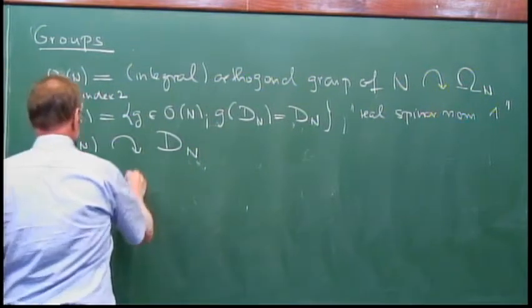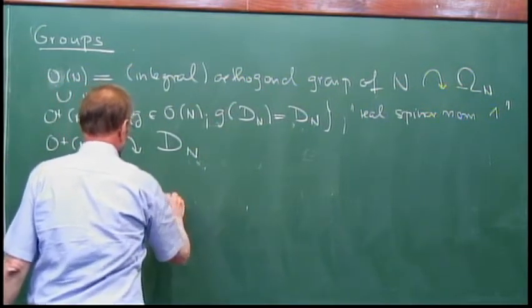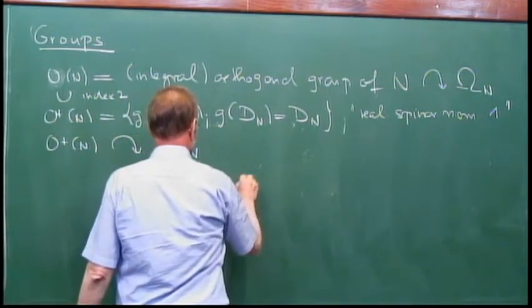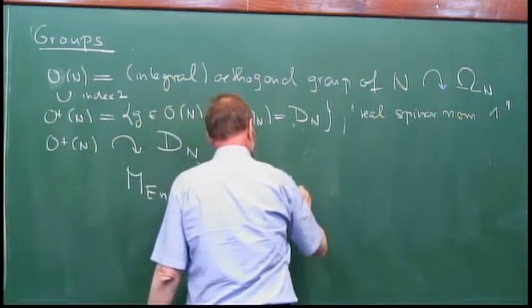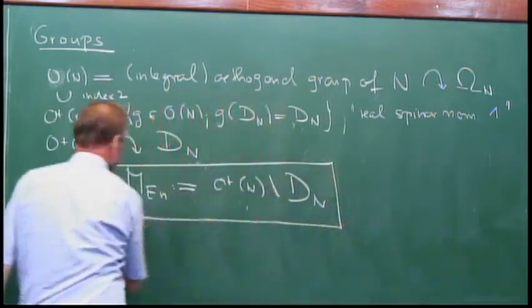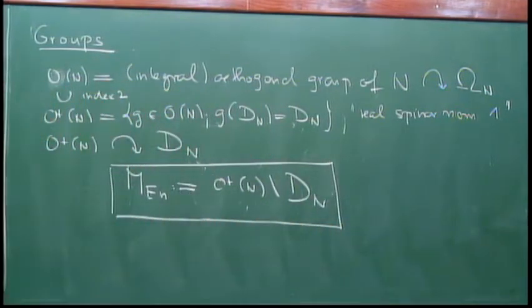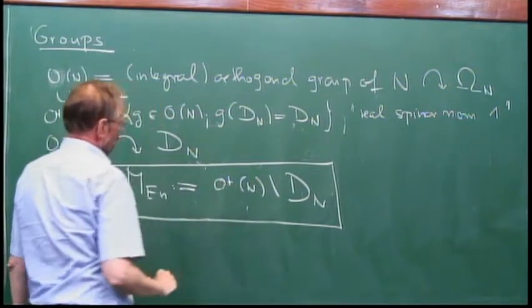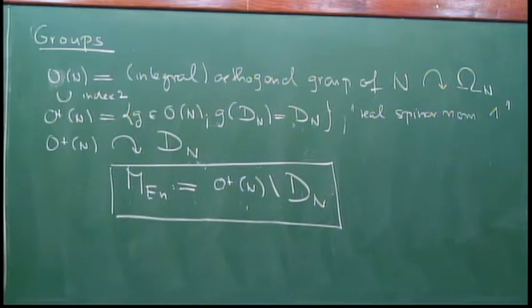So let me put M_N as O^+(N) \ D_N divided by O^+(N). And this is where the period points of marked Enriques surfaces lie.